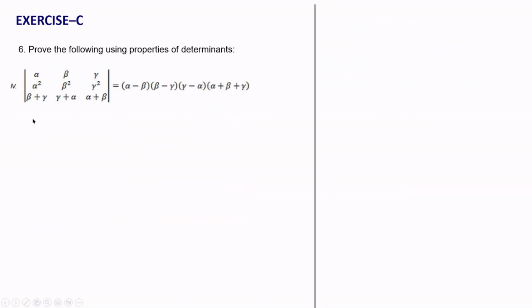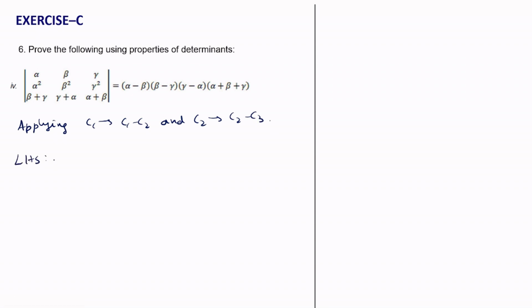Next question, determinant of alpha, beta, gamma; alpha square, beta square, gamma square; beta plus gamma, gamma plus alpha, alpha plus beta. This should be equal to alpha minus beta, beta minus gamma, gamma minus alpha into alpha plus beta plus gamma. So let us apply C1 changing to C1 minus C2 and C2 changing to C2 minus C3.